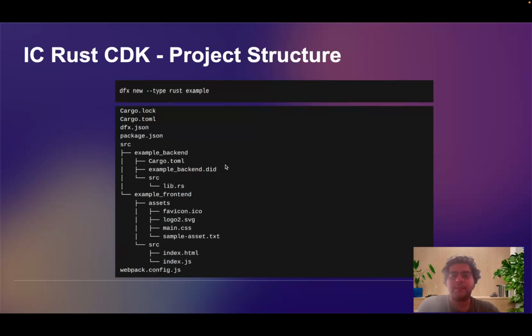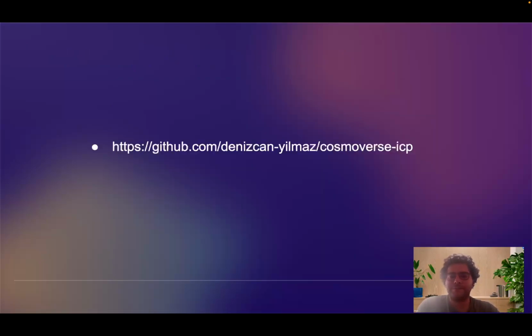The example_backend.did file is used for configuring our Candid interface, and the lib.rs file is actually the file where we do the development. We can also configure any JavaScript framework or library for our frontend, and for this we have to configure the webpack.config.js file, and then we can start implementing our frontend in the example_frontend folder here.